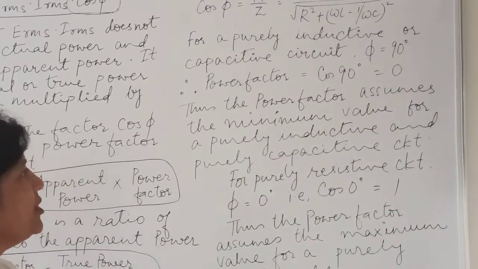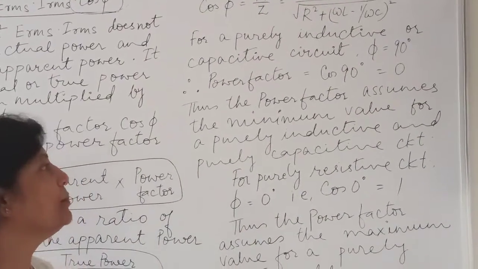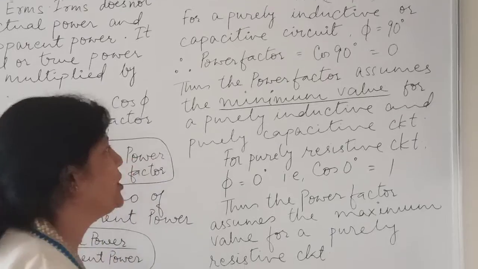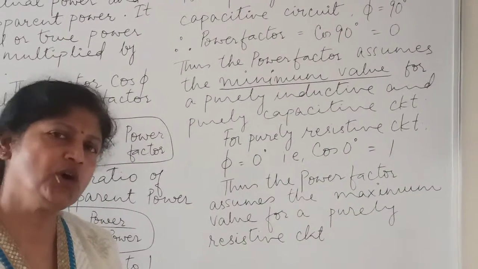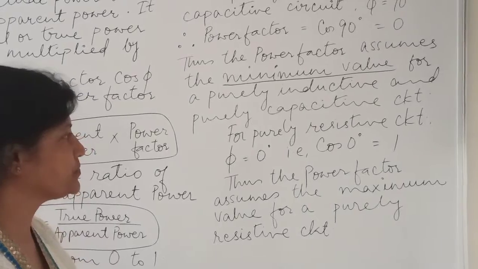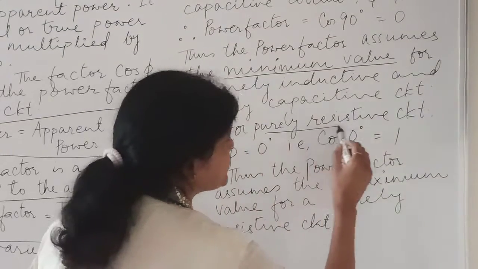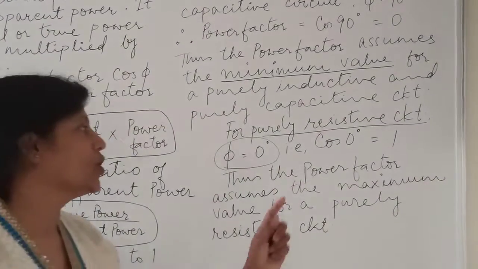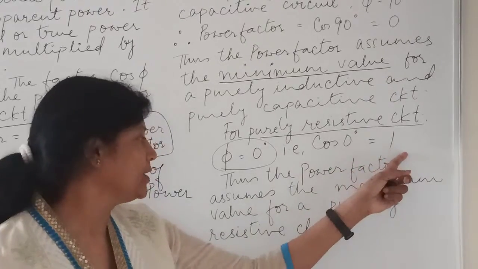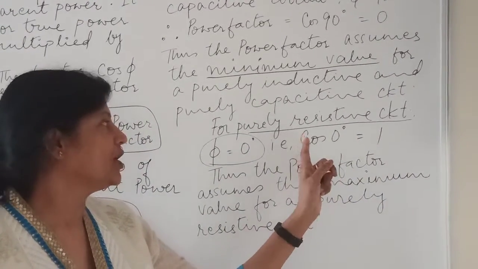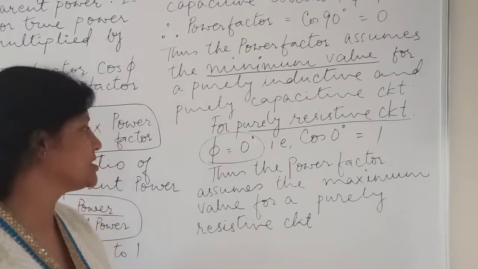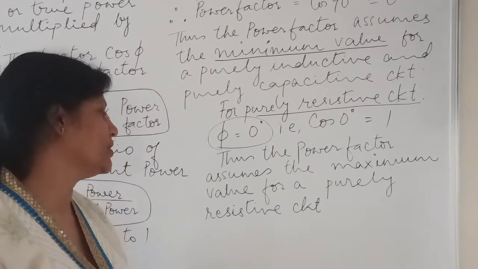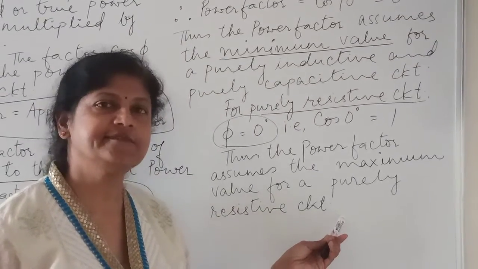Thus, the power factor assumes the minimum value for a purely inductive and purely capacitive circuit. For a purely resistive circuit, φ is equal to 0 degree. So, cos 0 degree is equal to 1. In this case, for a purely resistive circuit, the power factor assumes the maximum value.